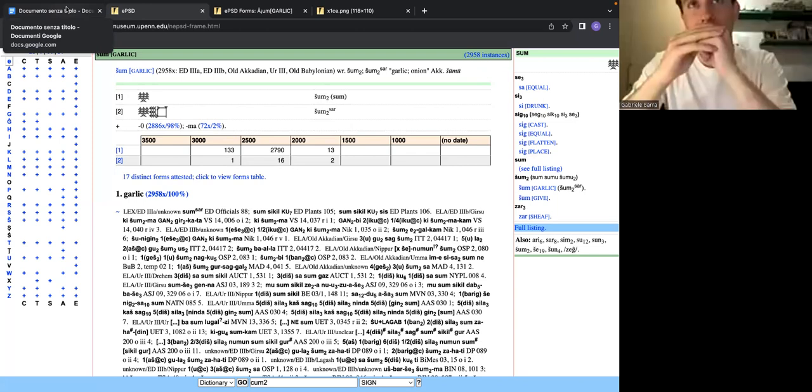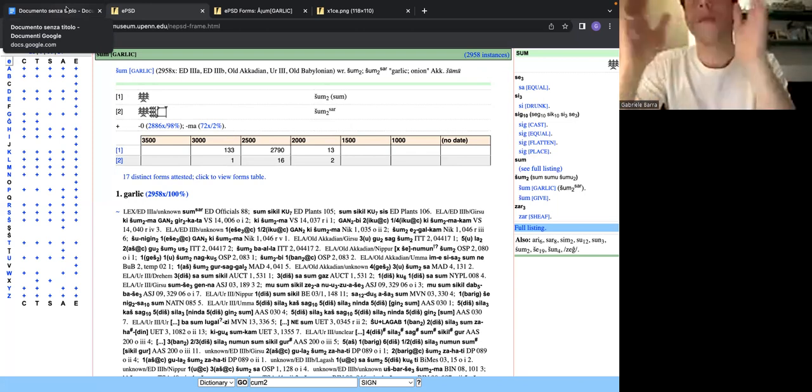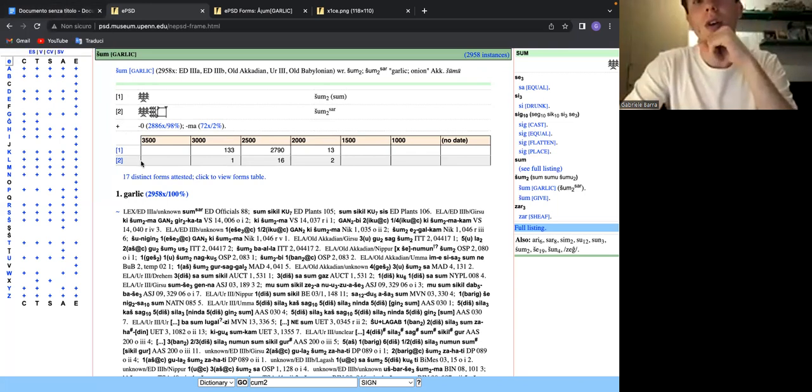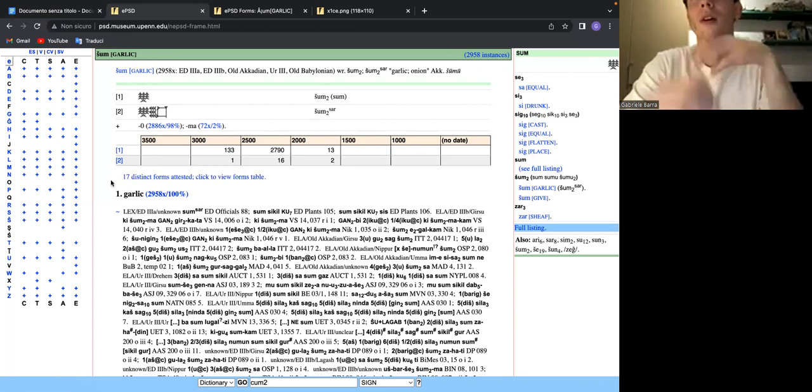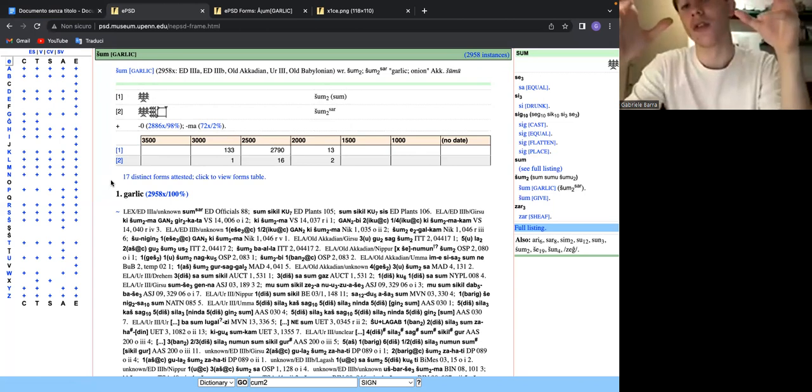You wonder, is that a word per se, or a conjugated word? Is it the word plus something else? If you go here, it tells you how many distinct forms the word appears in.